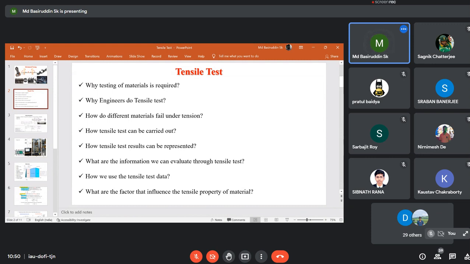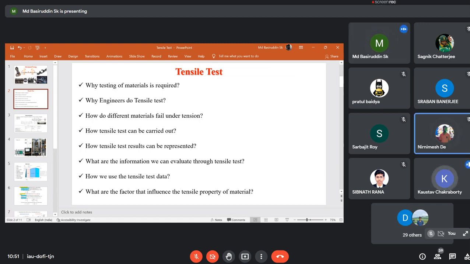Rather, in metalworking, where you need to deform permanently, the permanent deformation is the important part. So the main objective of doing the tensile test is to know the regions up to which elastic deformation will happen, and up to which plastic deformation will happen without fracture. Is that clear?